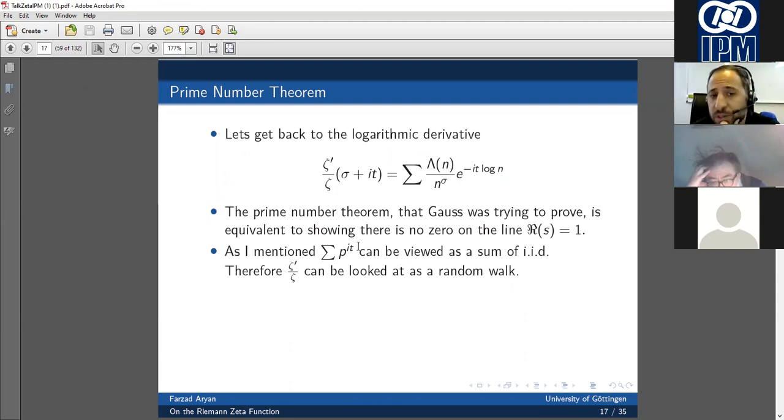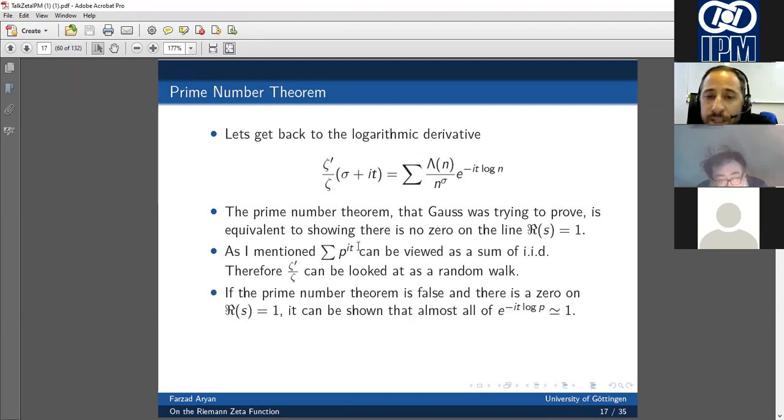If the prime number theorem, the theorem that Gauss was trying to prove, is incorrect, so that the number of primes smaller than x is not x divided by log x, then this is equivalent to the Riemann zeta function having a zero on the line real part of s equal to 1. If you get a zero there, that violates the prime number theorem.